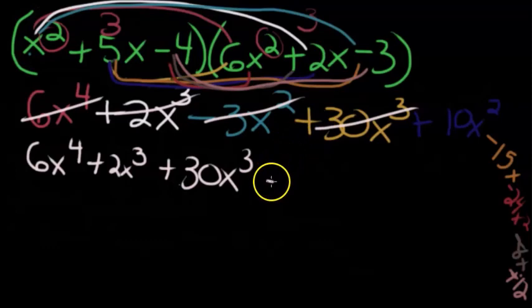Then we have -3x squared. And then we have 10x squared and 24x squared that goes with it.